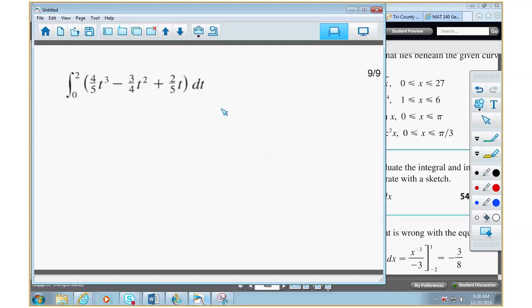Now there's a smart way to do this one and a not so smart way to do it. And the smart way to do it is pull out the constants first.